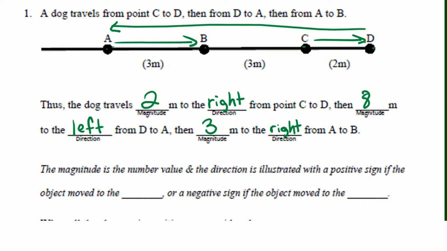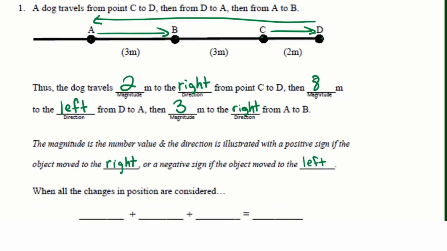Up, we use a positive. Down, we use a negative. And that's exactly what is being described next. It says the magnitude is the number value, and the direction is illustrated with a positive sign if the object moved to the right, or a negative sign if the object moved to the left. Okay, so let's keep reading.